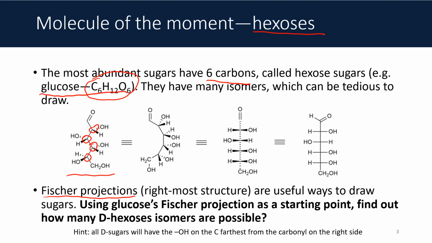So the scientist Emil Fischer came up with a way to sort of simplify this. What he did was say, okay, let's assume that we're going to twist the carbon-carbon bond angles to sort of get all these chiral functional groups on one side of the carbon-carbon backbone.